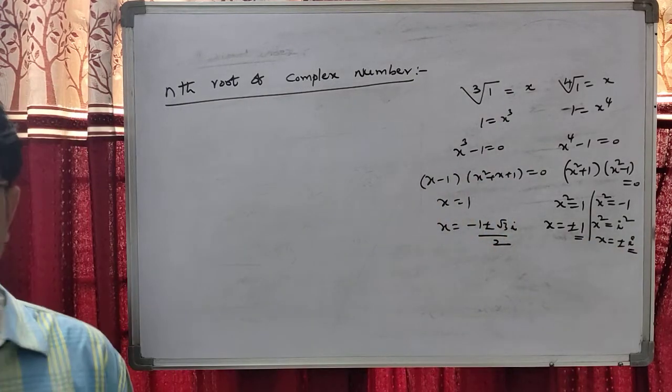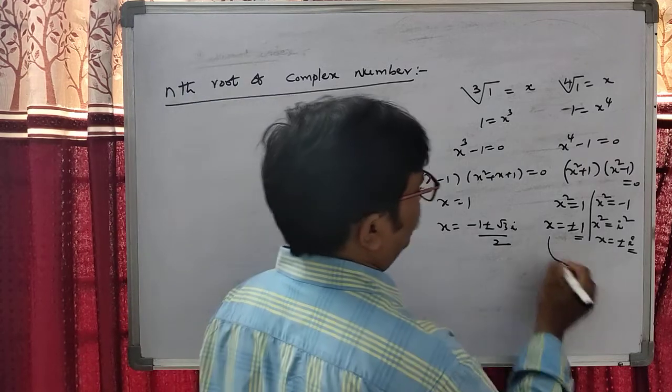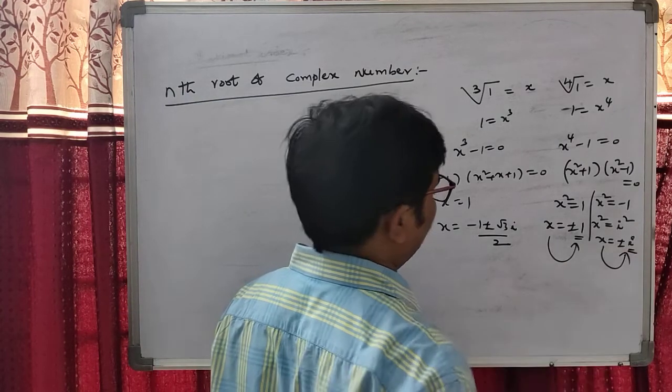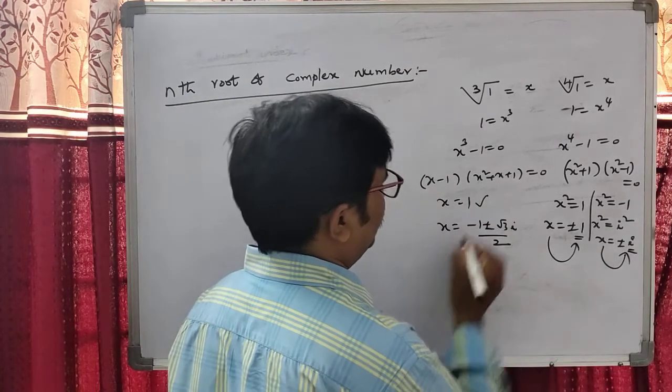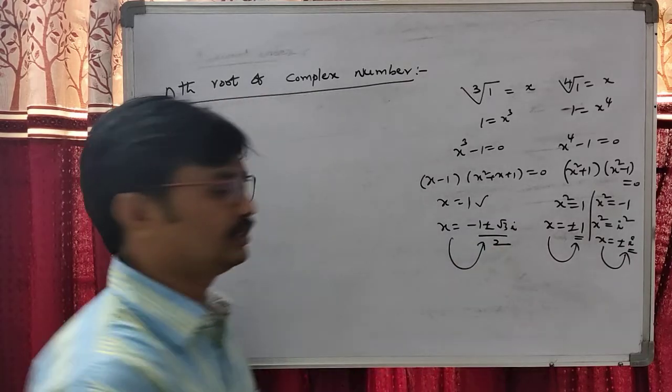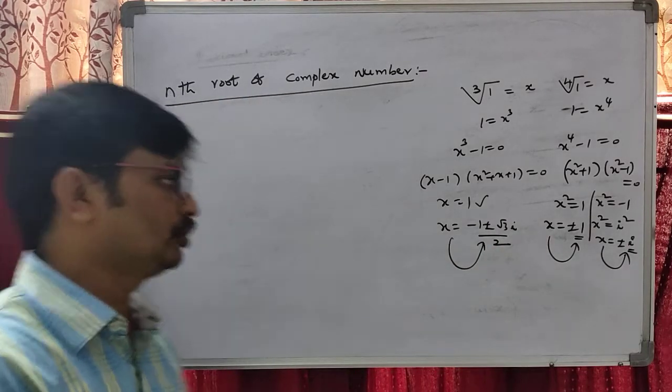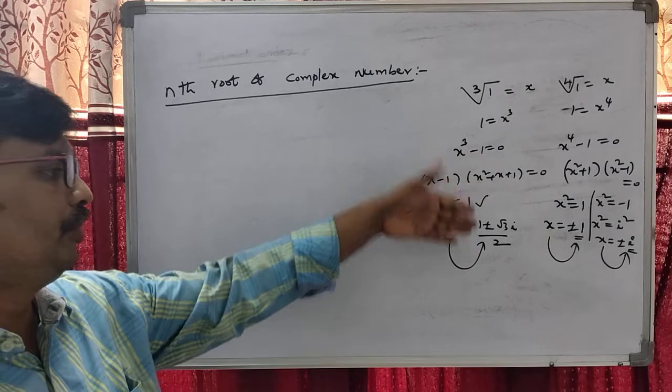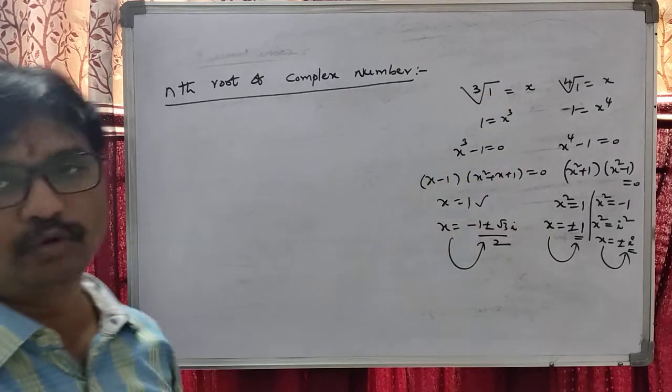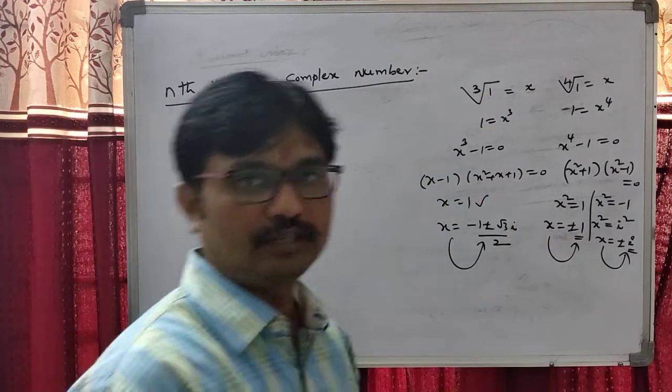So cube root of unity we got 3 values, and fourth root of unity we got these.